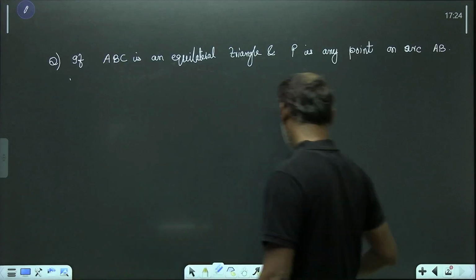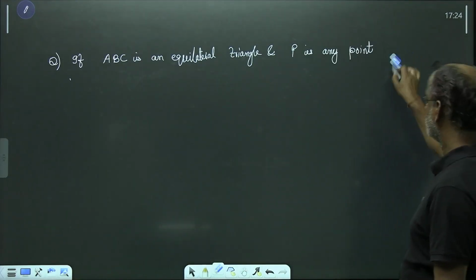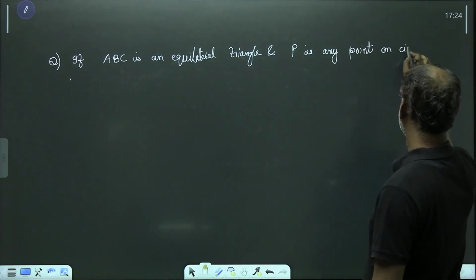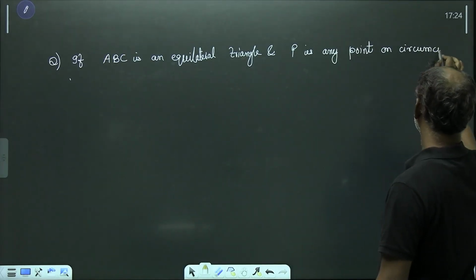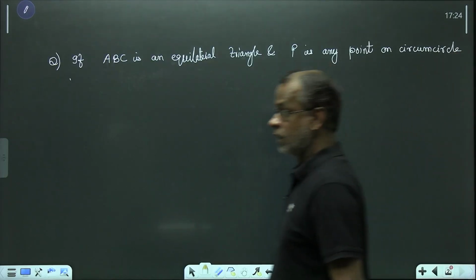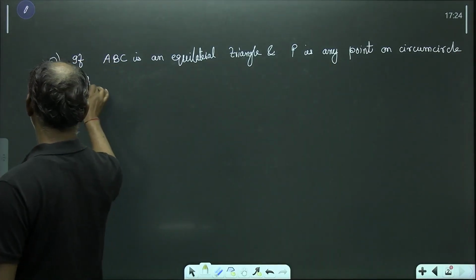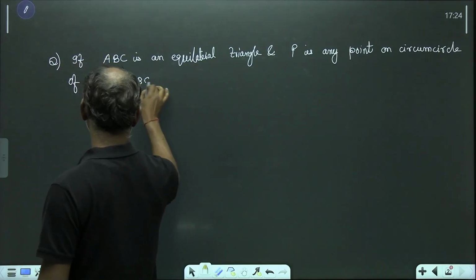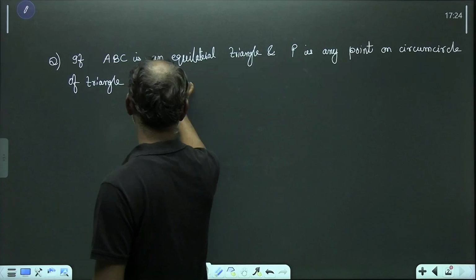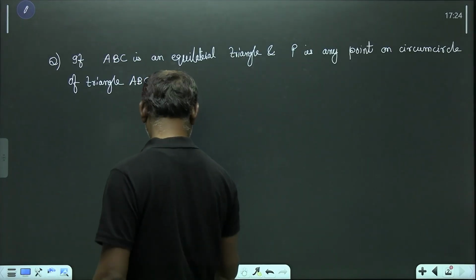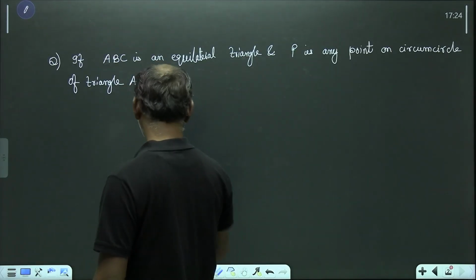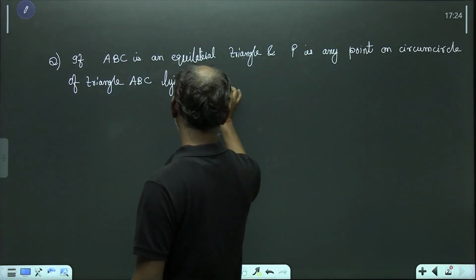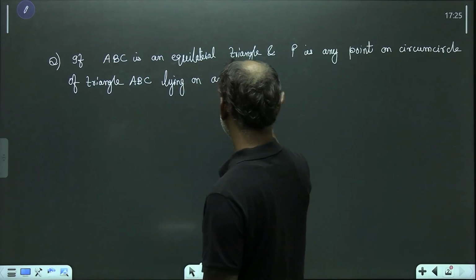Sorry, let me write it properly. P is any point on the circumcircle of triangle ABC, lying on arc AB.